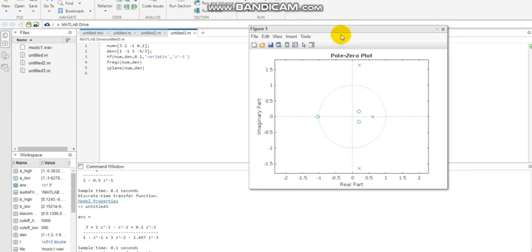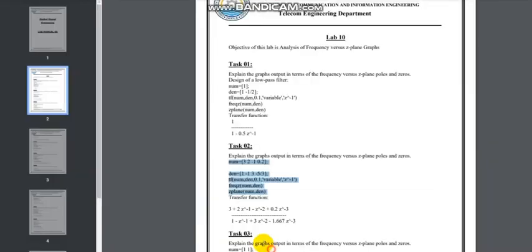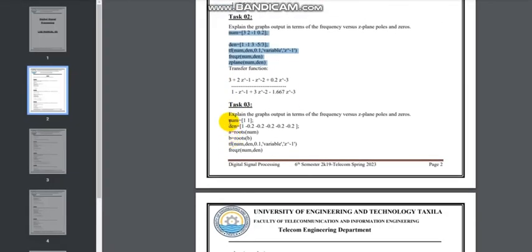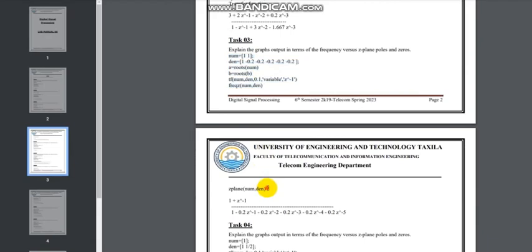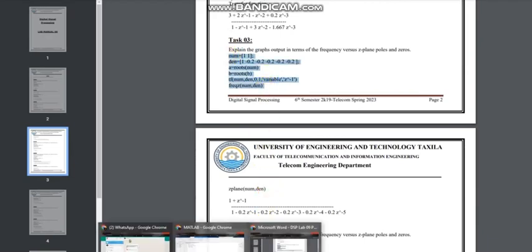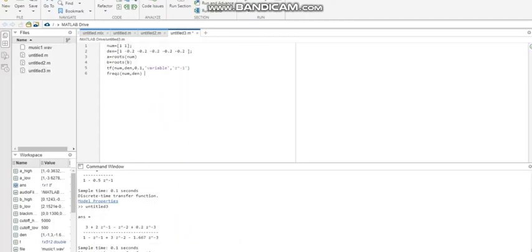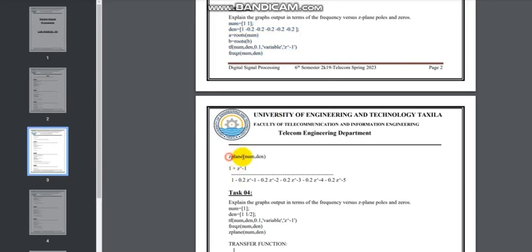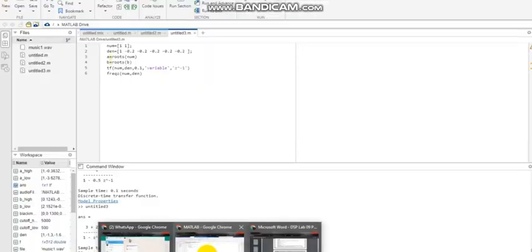So we perform so. And now moving on toward lab task 3, we have the same numerator and denominator values, but different values. We copy them.